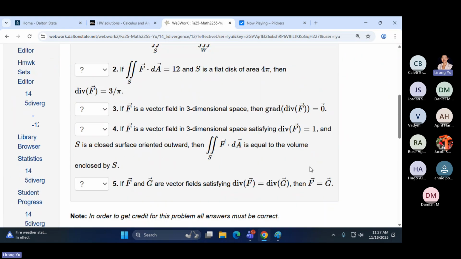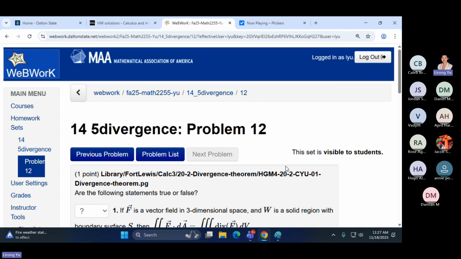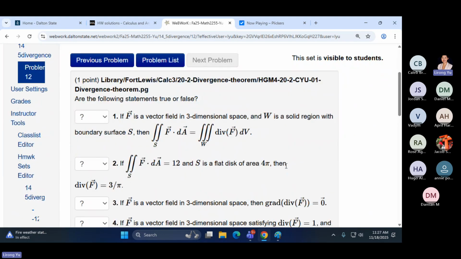I don't think we had a lot of practice on 14.5. Maybe we tried a few questions and maybe exercised a few on our own. The last questions of this assignment are conceptual, just reviewing some of the ideas in the divergence theorem. Is the following true: if F is a vector field in three-dimensional space, W is a solid region with boundary S, then the surface integral over S equals the integral of the divergence?